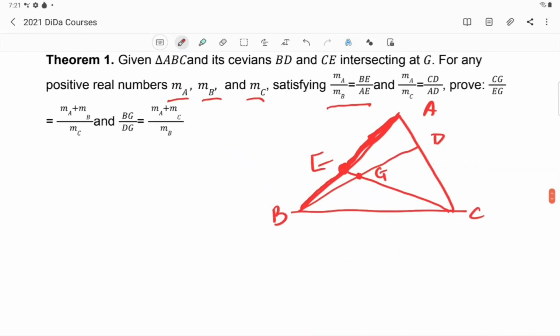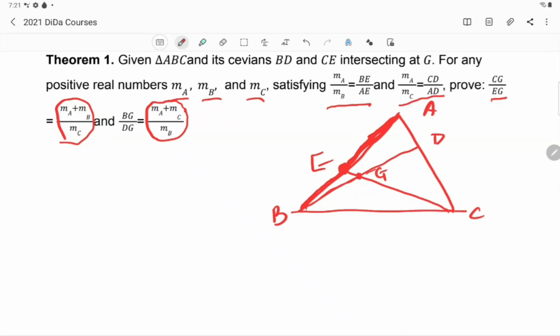And then MA over MC is equal to CD over AD. Then it says the ratio between CG and BG is this. And then BG over DG is this.